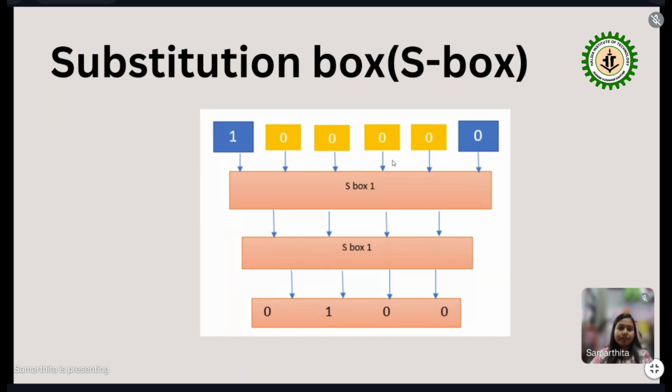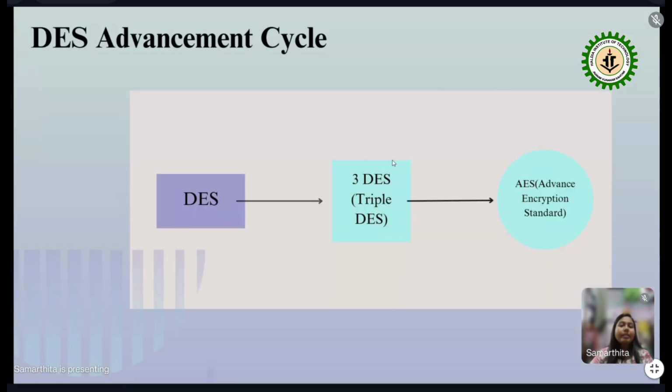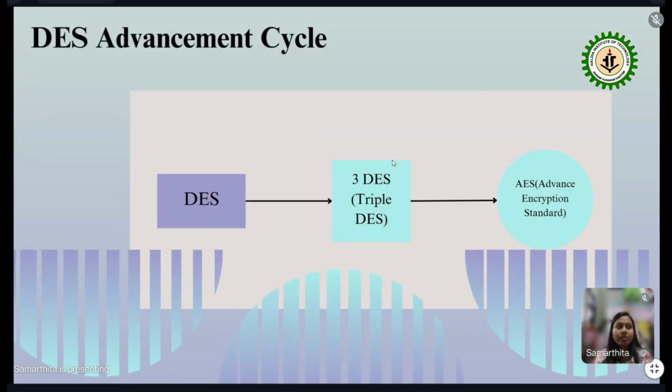Next, the DES advancement cycle: by modifying DES we can get triple DES, and from triple DES there is also a very important encryption algorithm, AES, the Advanced Encryption Standard. So DES can be modified this way.